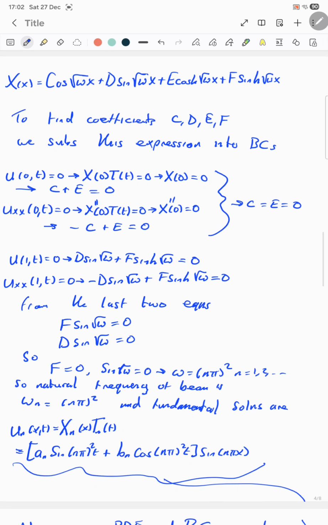Now to find coefficients c, d, e, f, we substitute this expression into the boundary conditions, and we go through the motions again, and f equals 0, we get this, and our omega term n pi squared, and we get down to this part. It should be pretty straightforward to be able to follow this stuff.